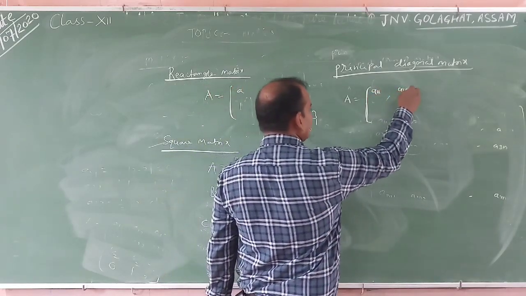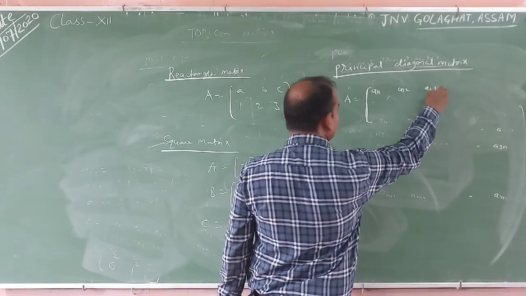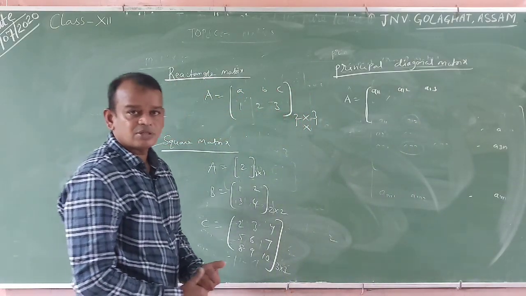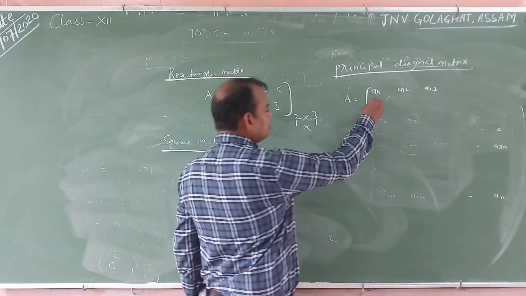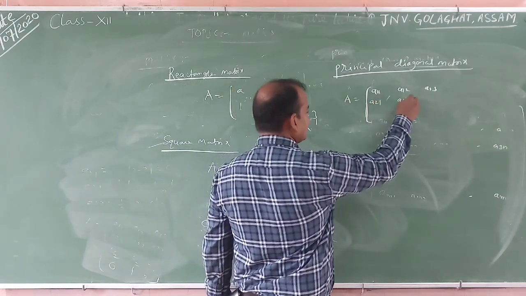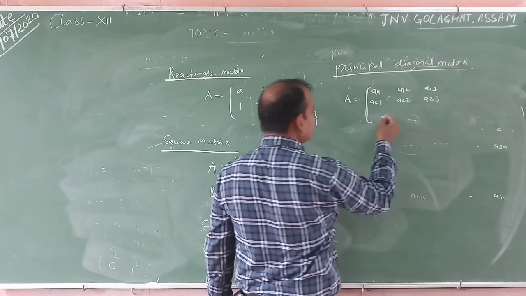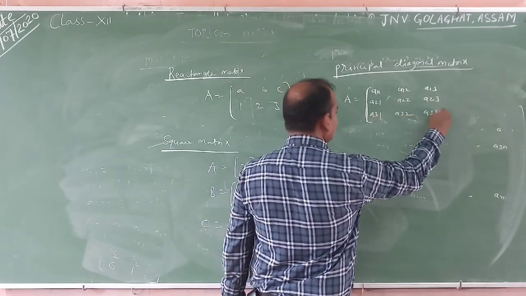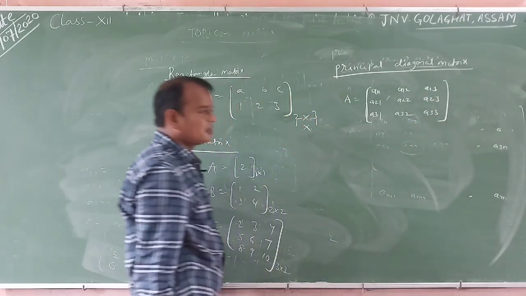A11, A12, A13: first row first column, first row second column, first row third column. A21, A22, A23, A31, A32, A33. This is a 3 by 3 matrix.